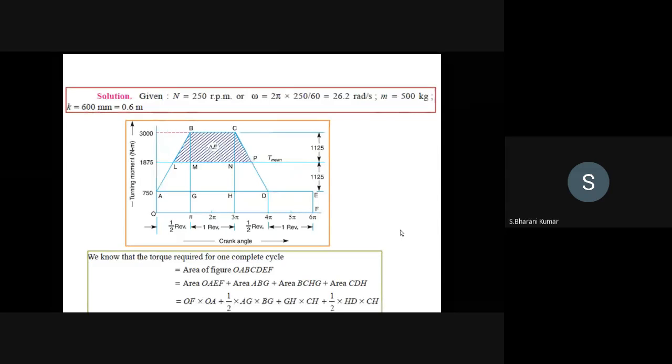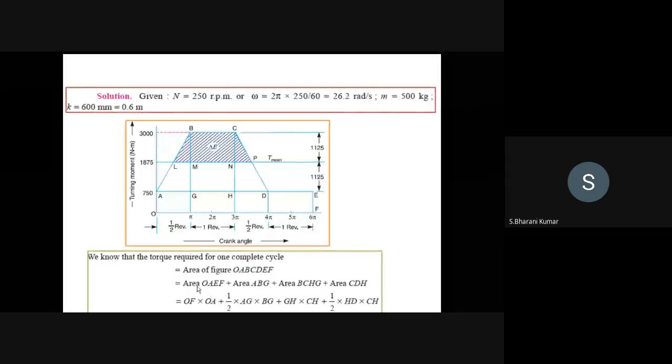The data will be calculated based on that. That is OF into OA, length into breadth, area of the rectangle.